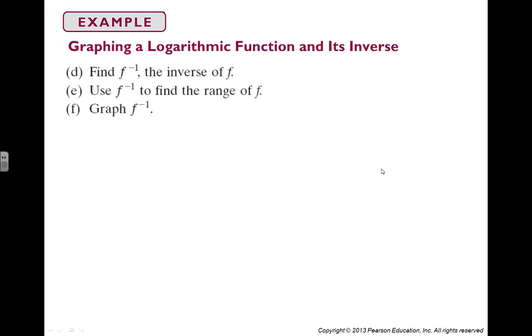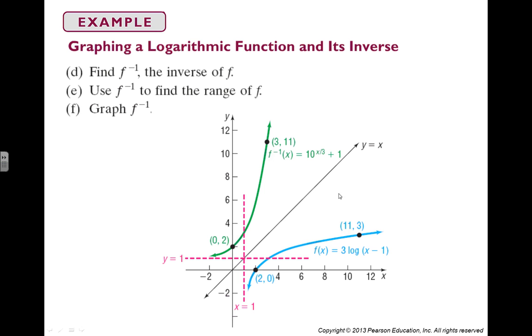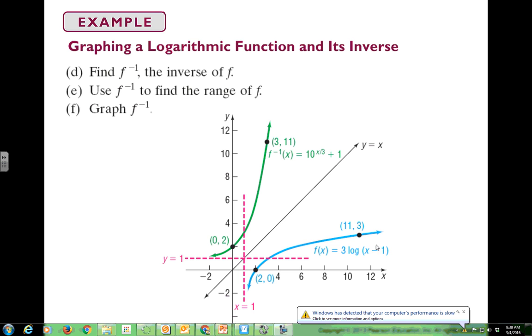All right, we're going to find the inverse of 3 log x minus 1. The inverse is the opposite of all these items. When I have a horizontal shift to the right, that's going to translate itself to a vertical shift.